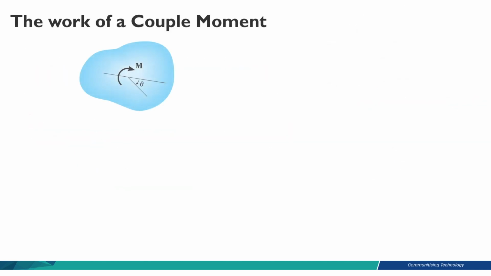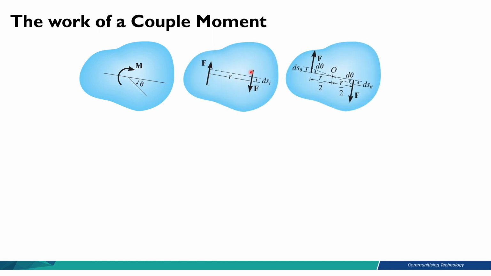Now the couple moment can also do work. The reason it is called couple moment is that the couple moment can be illustrated as two forces acting in opposite directions with a distance r here.